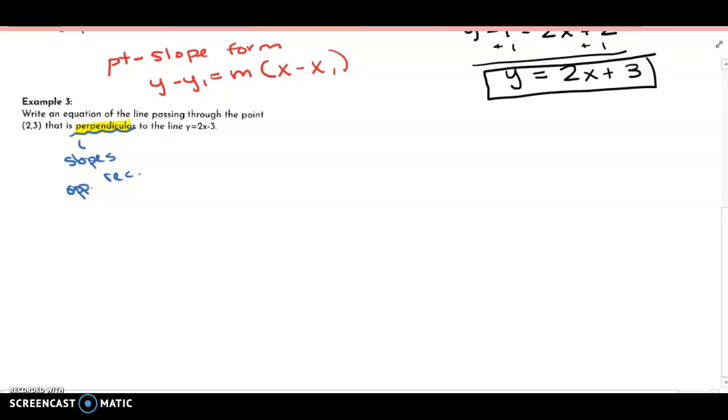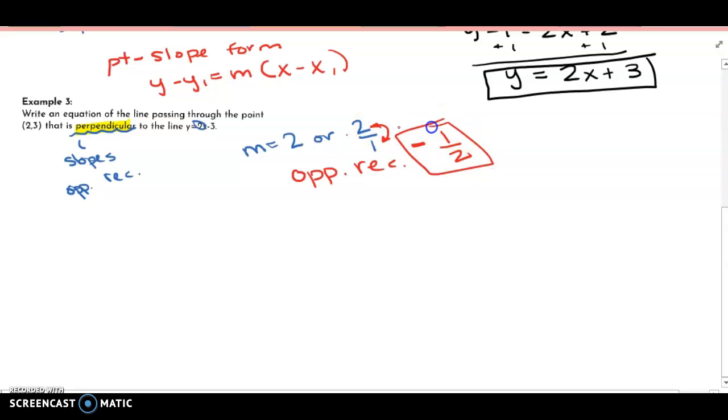So the slope here is 2, or I can write it as 2 over 1. So the opposite reciprocal of this would be, well, opposite, if this is positive, it'd be negative. And then if we flip the numerator and denominator, 1/2. So the slope of our new line is going to be negative 1/2.